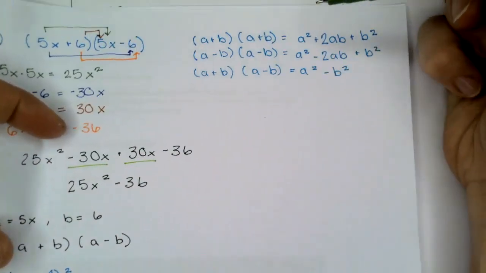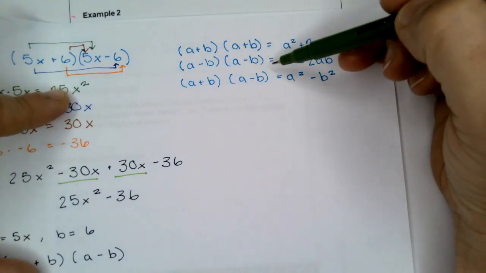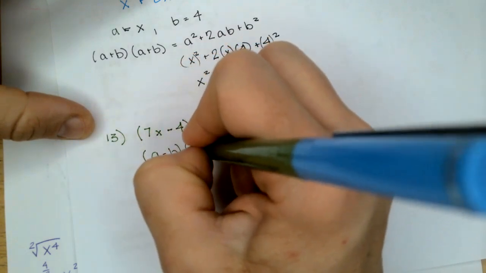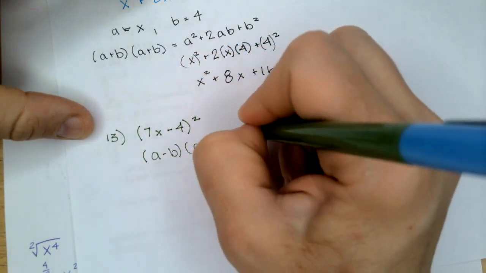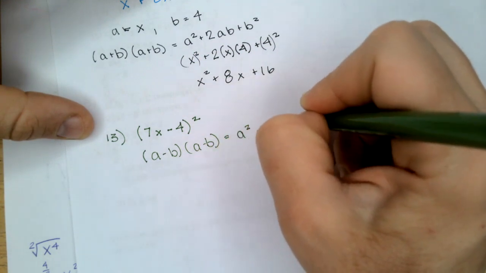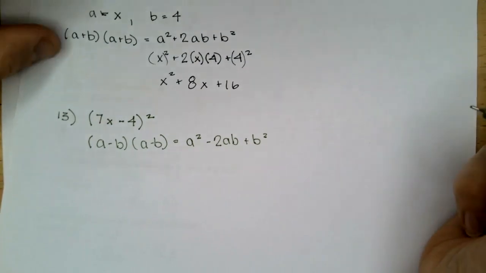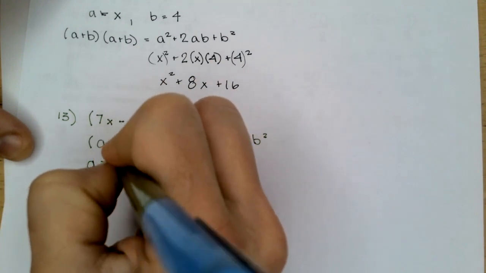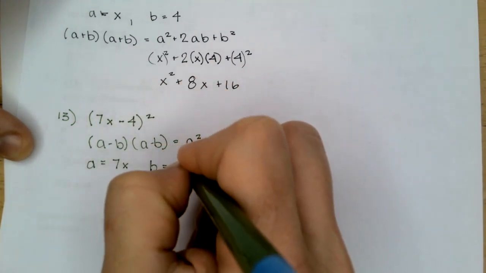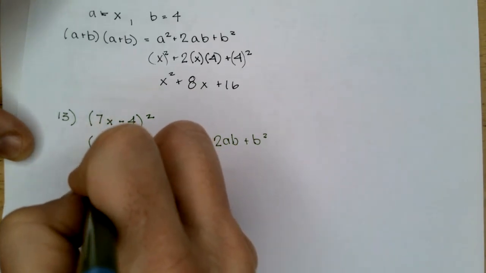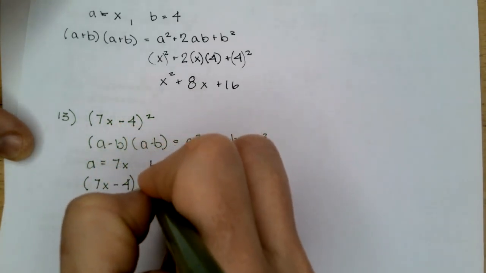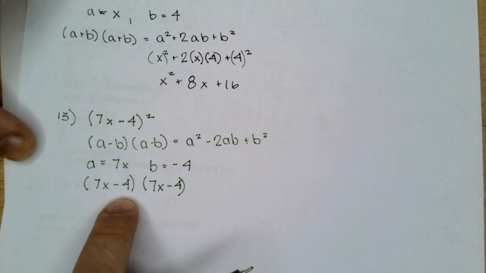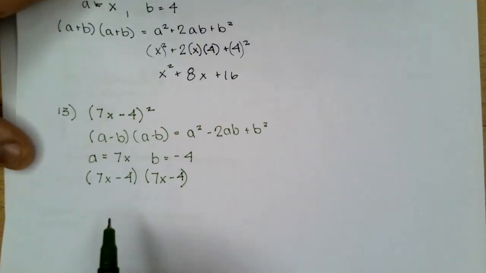All right, the next example is 7x minus 4 squared. So if we look at our different choices up here, it's going to be A minus B times A minus B, right? A minus B times A minus B gives us A squared minus 2AB plus B squared. Good. Okay, so here I think my A is 7x, right? And my B is -4 because it's 7x minus 4 times 7x minus 4 when I change that to two bases.